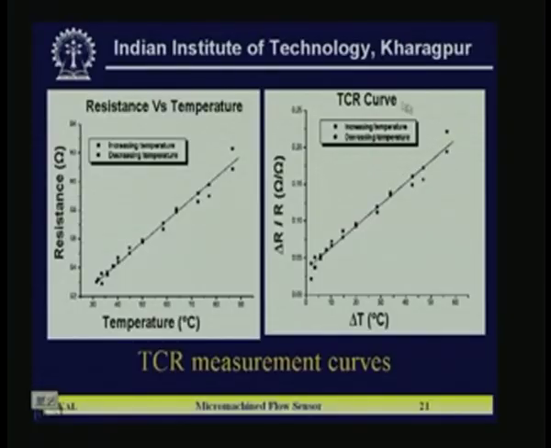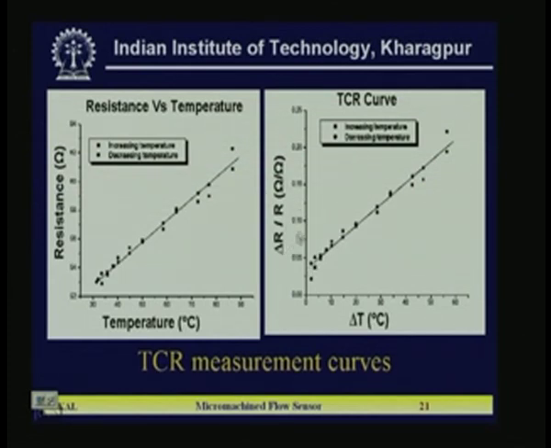For measuring the TCR, the second curve plotted is basically derived from the first one: delta R by R, where R is the reference resistance, which is the resistance value at room temperature or ambient temperature, and delta R is the change.